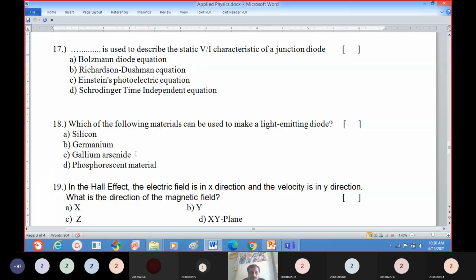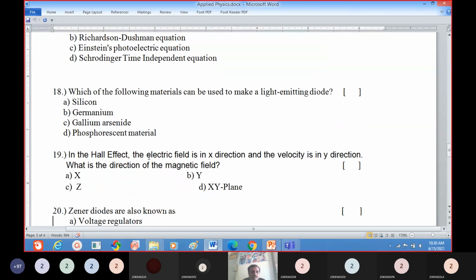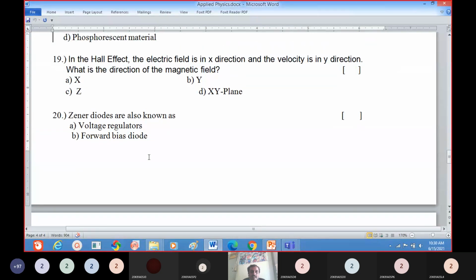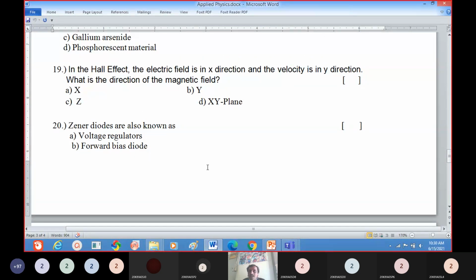Next one, in the Hall effect, the electric field is in the x direction and velocity is in the y direction. What is the direction of the magnetic field? Velocity is the motion of the electron, that means current direction. So the electric field is in x direction and current is in y direction.